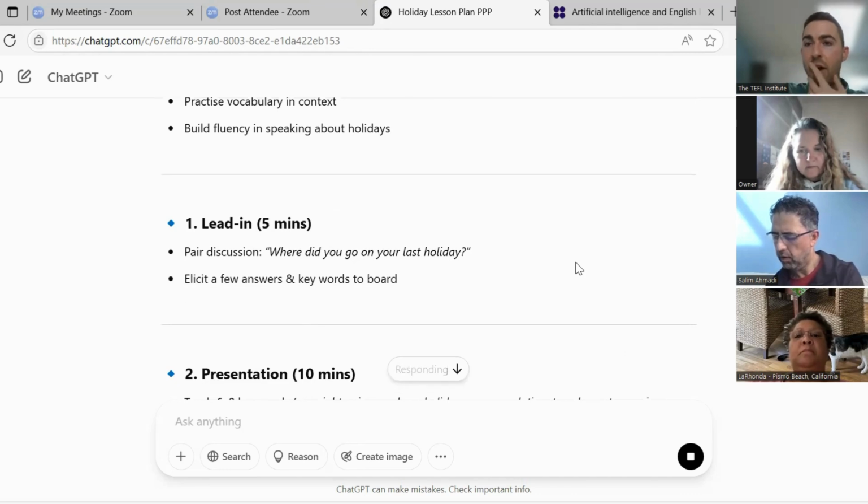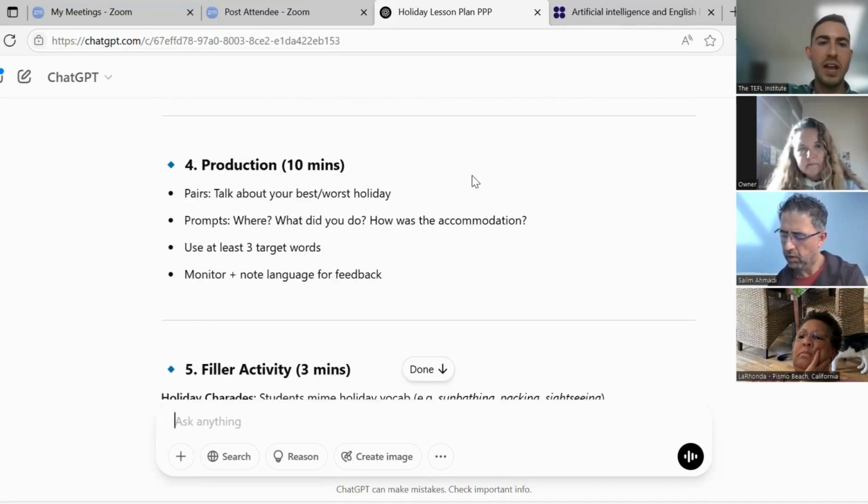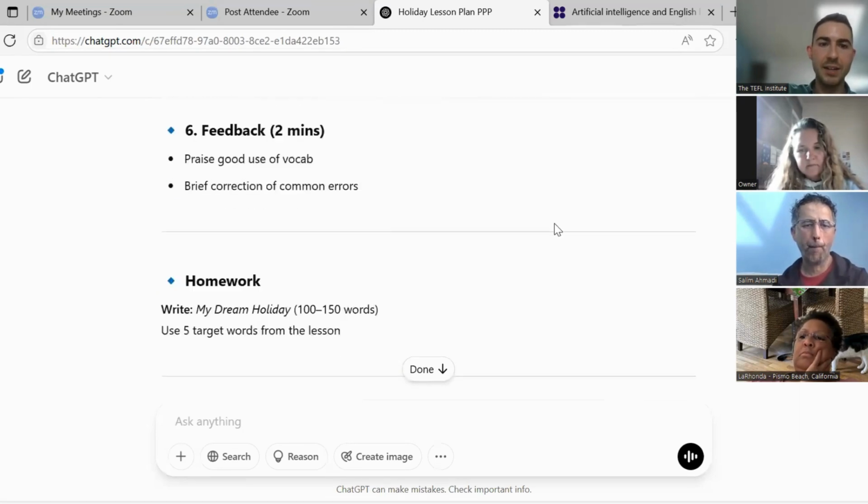And then I could, if I wanted to, print out this lesson plan, for example, have it on the desk while I'm teaching this lesson. If I don't remember what my keywords are, I could have a quick glance at it. Or if I don't remember what the production task is, I could glance at my lesson plan again.